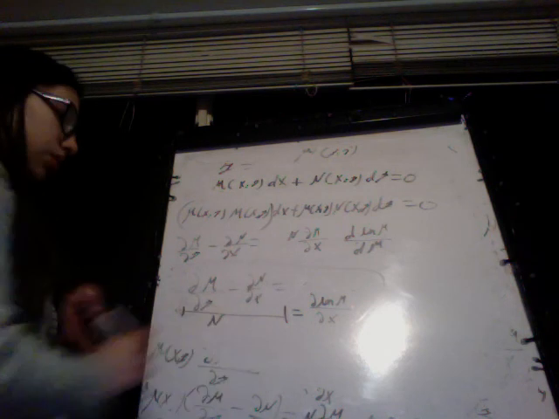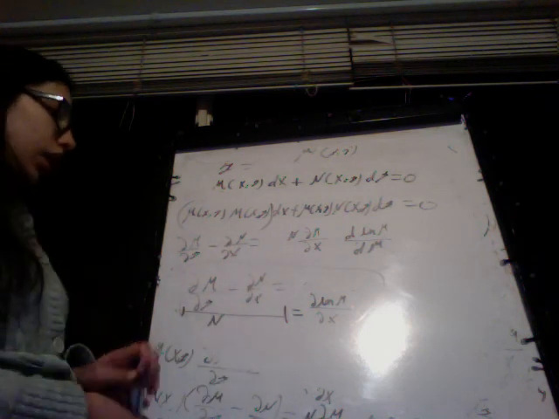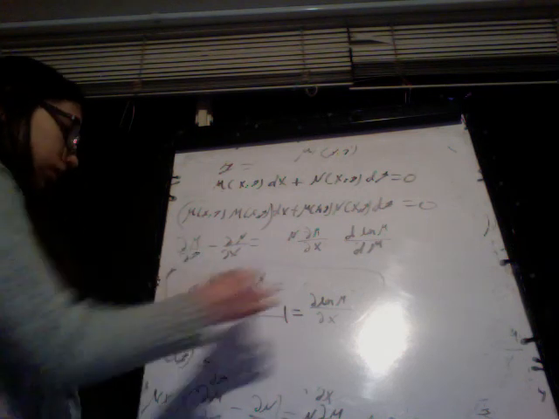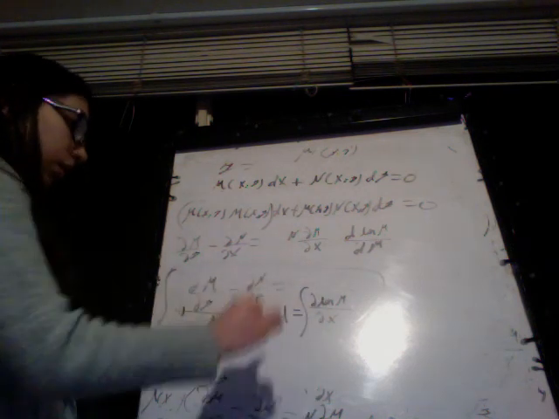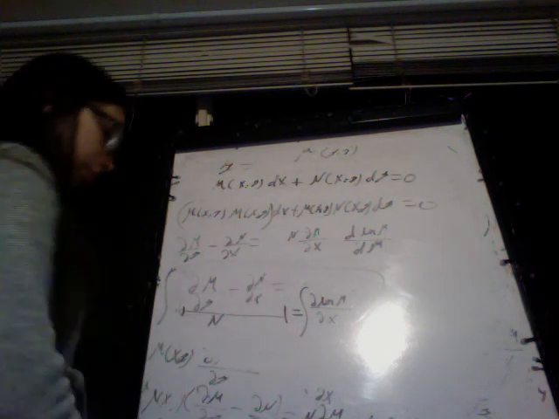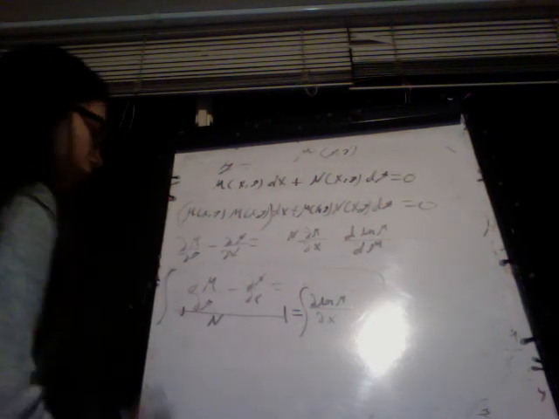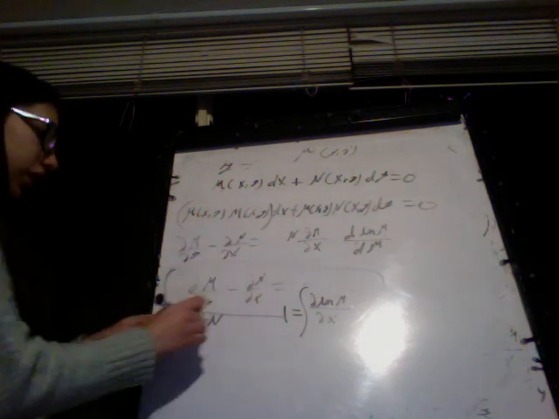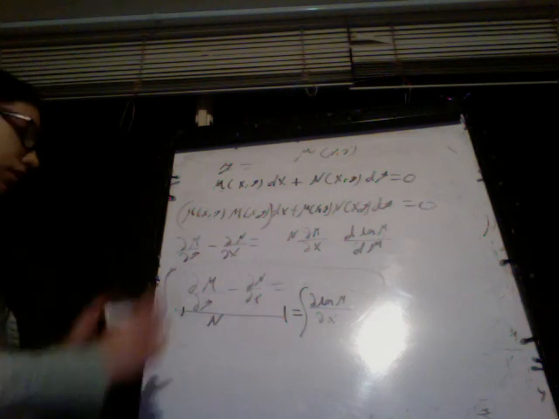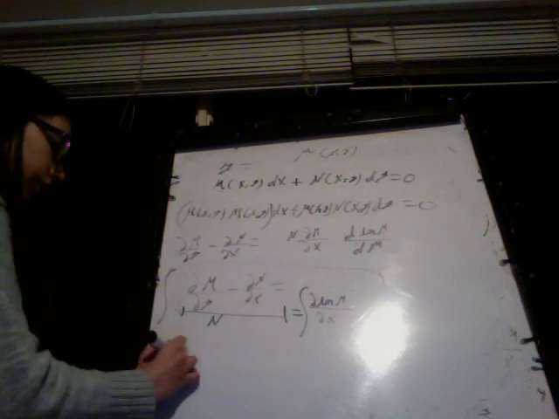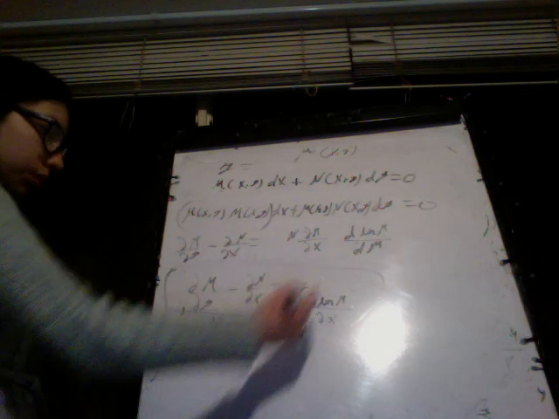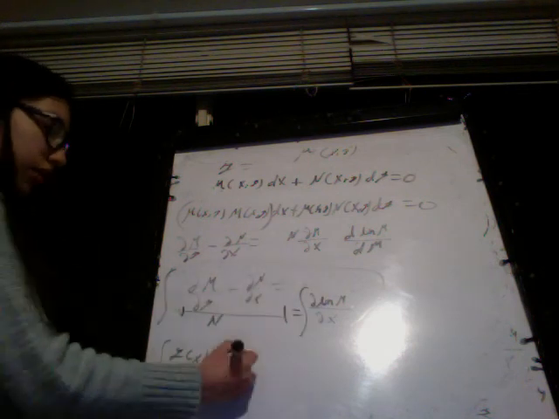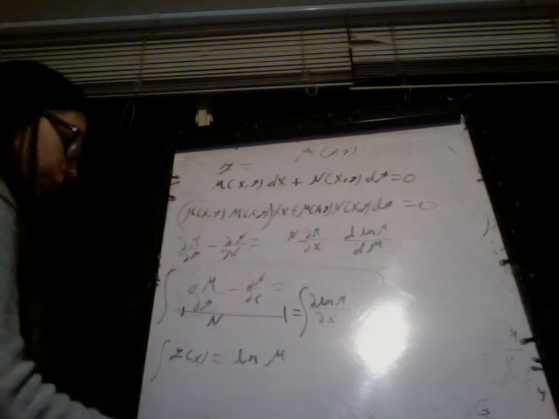Next, if you integrate both sides with respect to dx, let me call this g of x, and so you have the integral of g of x is equal to the integral of the derivative of the natural log, which is the natural logarithm of mu.